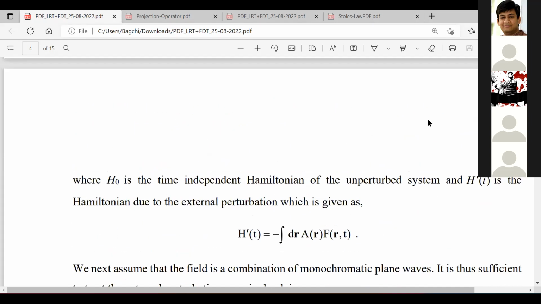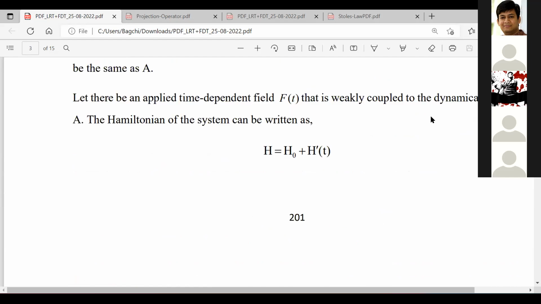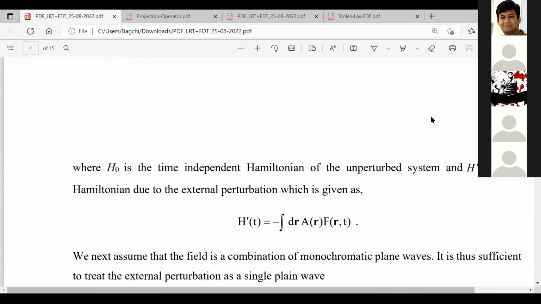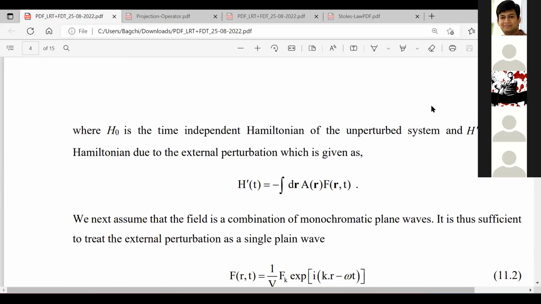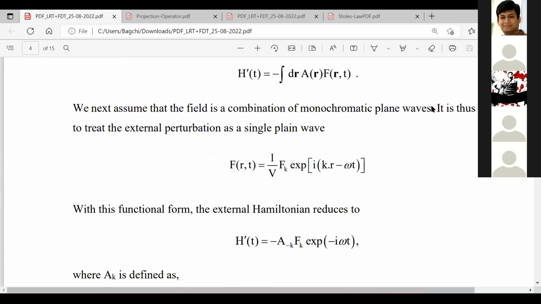I have started with the Hamiltonian, H equal to H naught plus H prime, my perturbation. I say, okay, this is a position dependent mechanical variable A, a system variable A, with a fluctuating field. My field connects in light scattering or anywhere connecting to that. It's a beauty actually.